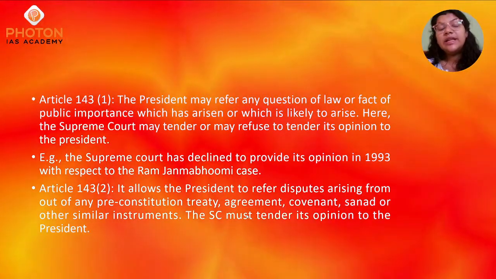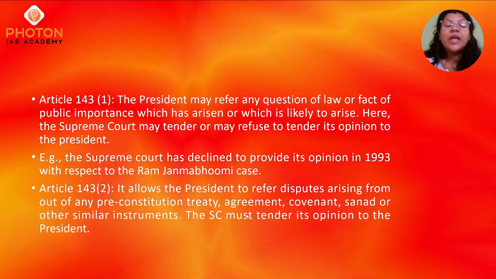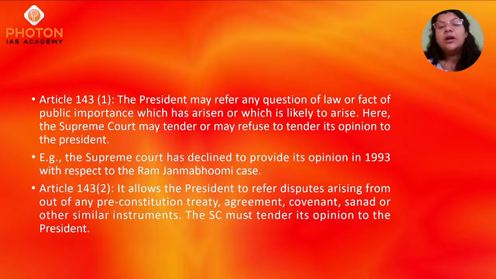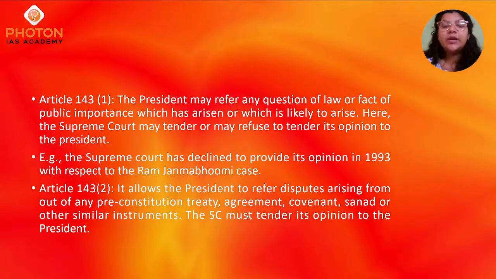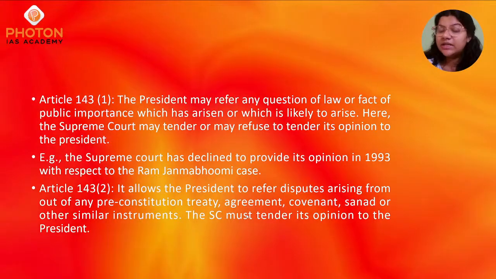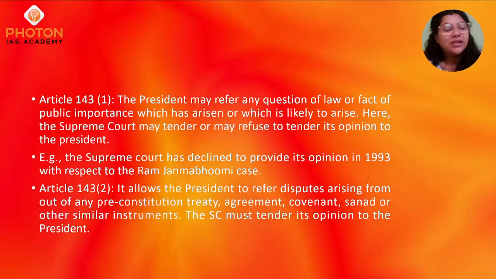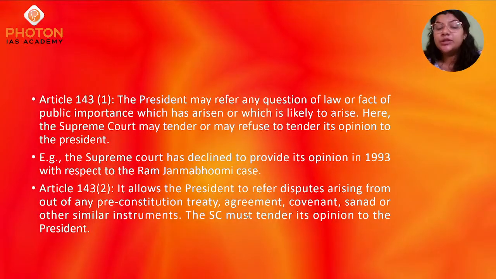Fine. Now Article 143 Part 2 deals with the President referring disputes arising from any pre-constitutional treaty, from before the Constitution came into origin. Any pre-constitutional treaty or agreement, covenant and agreement, all are the same. A legal document is a covenant, a sanad is also the same. Agreement, legal document, or other similar instruments.